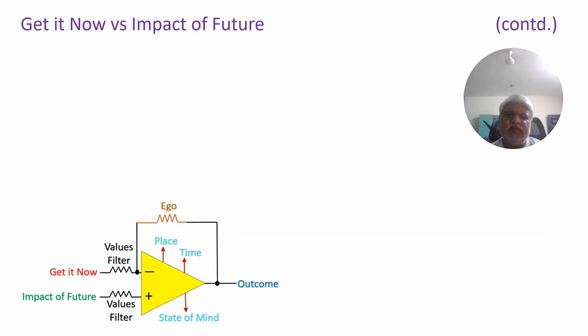We will study one more interesting case where one has figured out that he has to perform a specific action by analyzing the impact of the future, and he was about to do that activity, but because of the place and time, the person's state of mind got changed.